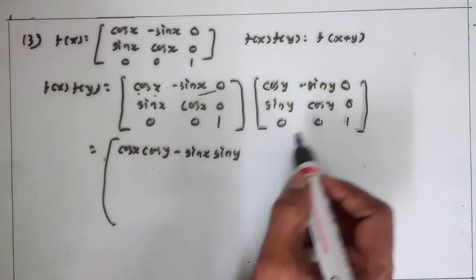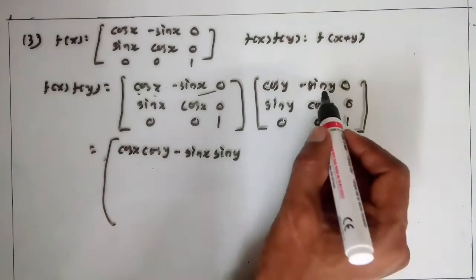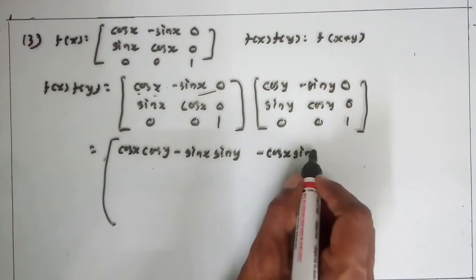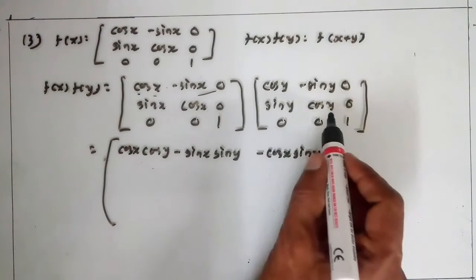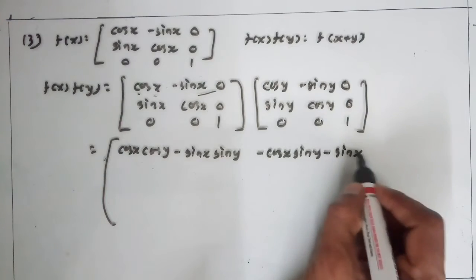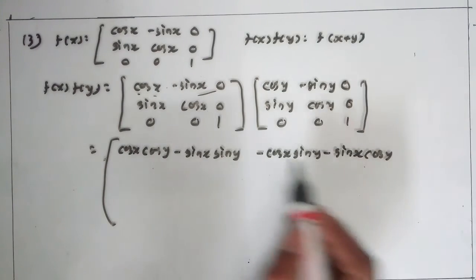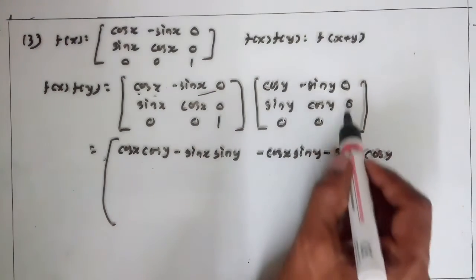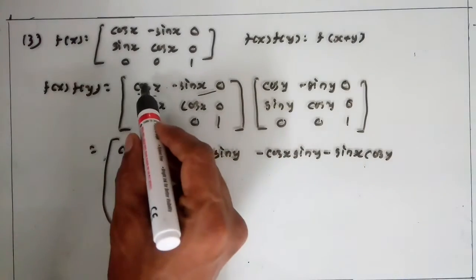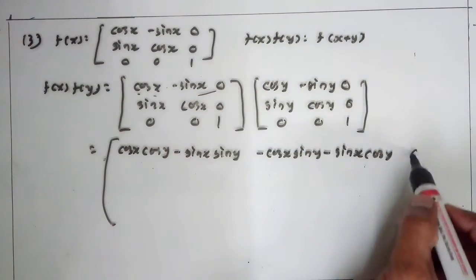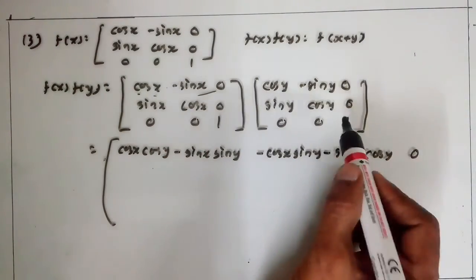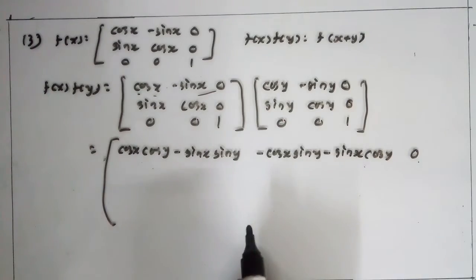First row, second column gives the second entry: cos x into minus sin y becomes minus cos x sin y, minus sin x into cos y becomes minus sin x cos y. Clear? Now first row, third column gives the third entry of the first row. Cos x into 0 becomes 0, minus sin x into 0 becomes 0, and 0 into 1, that is 0. So the last entry becomes 0.